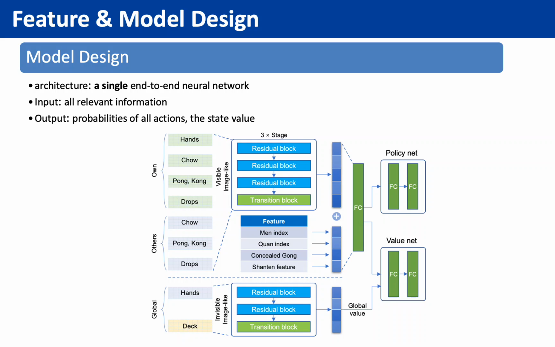Subsequently, the transformed image-like features are reshaped to a vector, which is concatenated with the other feature vectors. Fully connected layers are then used to transform the concatenated feature vector, and 2 branches with 2 fully connected layers each output the action probabilities and the state value respectively. As for the global value part, we just use fewer residual blocks.